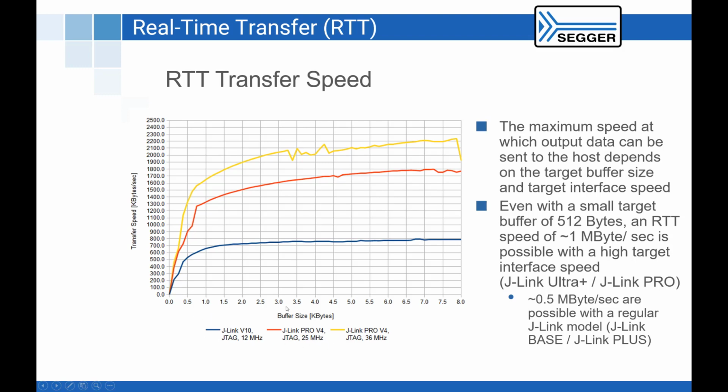And if you have a higher end J-Link, like an Ultra Plus or a Pro, at different speeds here, then you can achieve a lot higher transfer speeds, especially if you're also able to increase the buffer size, because you're running on a target that has the luxury of extra RAM for these buffers.